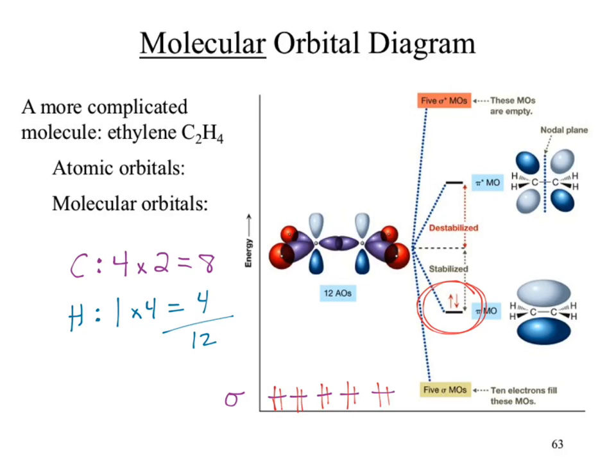Why am I not concerned about the electrons in the pi star orbital? Say that again. There's no electrons there. There are literally no electrons. I don't need to worry about the electrons in the pi star orbital because there aren't any. So which electrons am I going to use to react? The highest energy electrons. Okay? Which orbital holds those highest energy electrons?